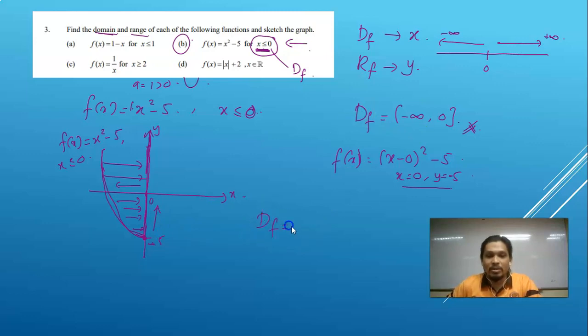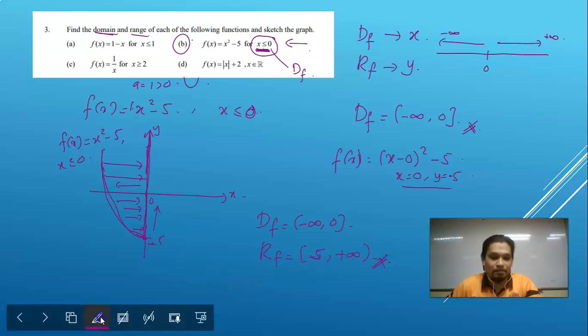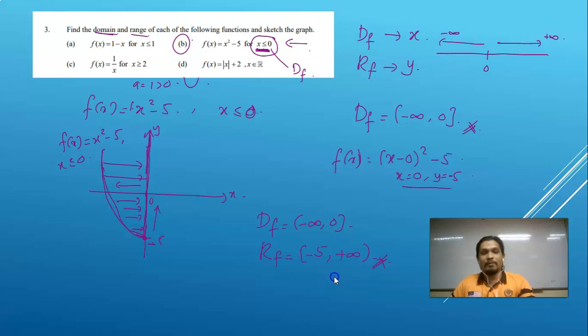The domain of this function is from -infinity until 0, and the range of f is from -5 to +infinity. That's it. Okay, I'm sorry. -5 to +infinity.